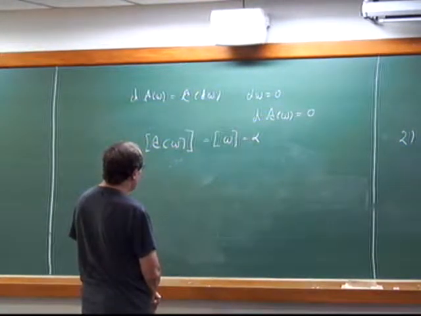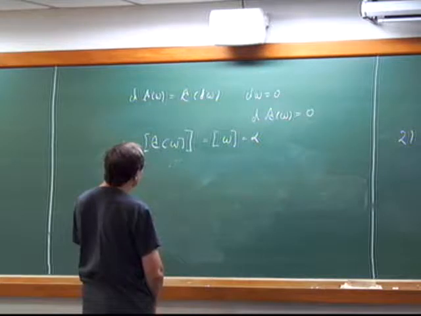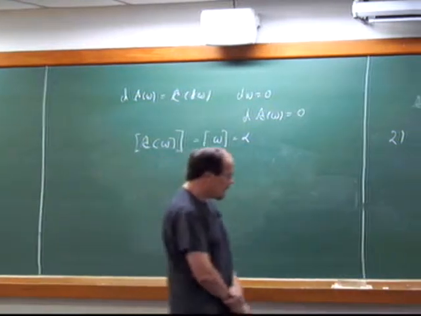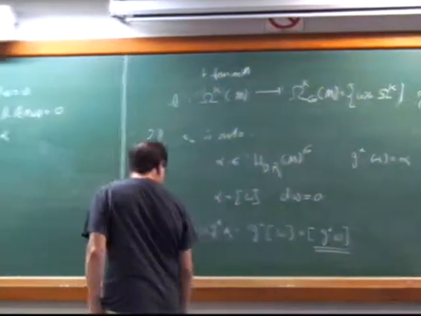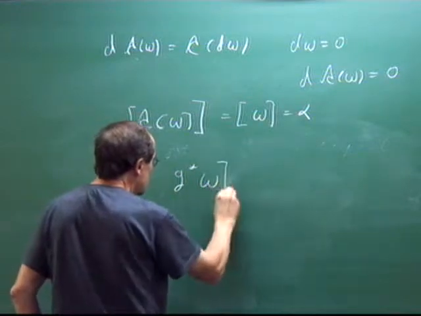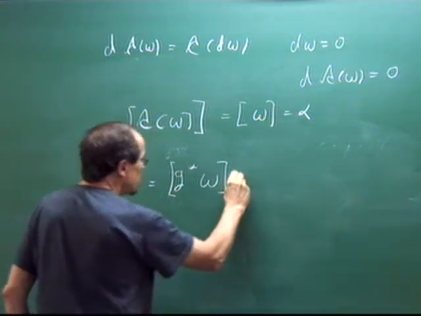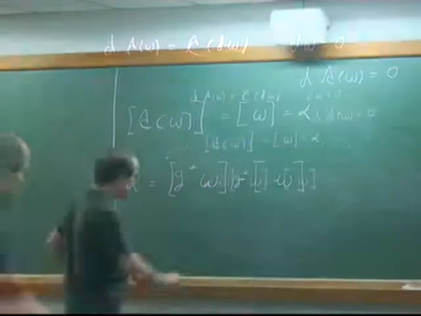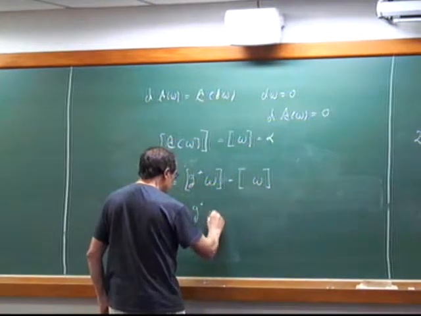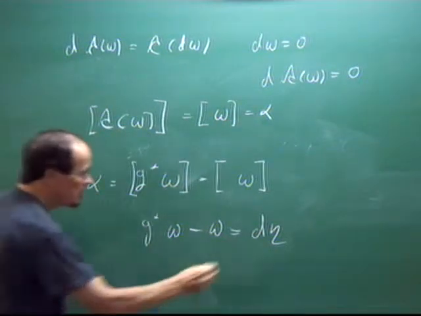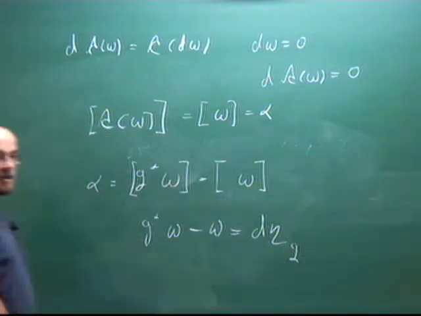So how do I show that? Well, first notice, we already have it written down here. g star omega is in the same class as omega, because this was alpha. So they lie in the same de Rham cohomology class. So that means the difference is exact. So g star omega minus omega is d of eta g, because this eta might depend on g, but for each g the difference is exact. Okay.